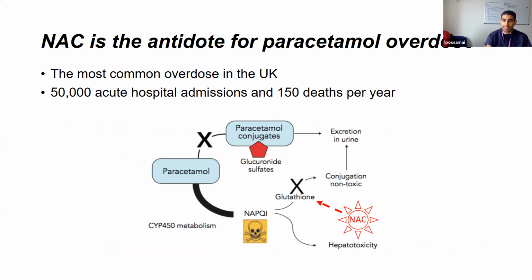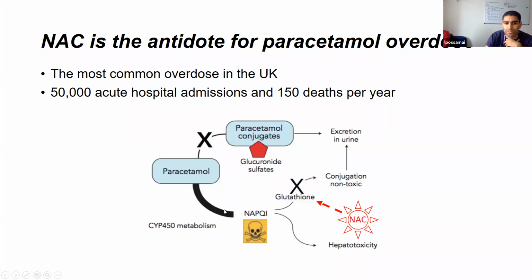So paracetamol is the most common overdose taken in the UK, and accounts for about 50,000 hospital admissions and 150 deaths a year. So that is a significant number. In terms of how paracetamol causes this injury, it's metabolized in the liver normally by the CYP450 system, generating this toxic chemical NAPQI that under normal circumstances would be detoxified by conjugation with glutathione and then excreted in the urine.